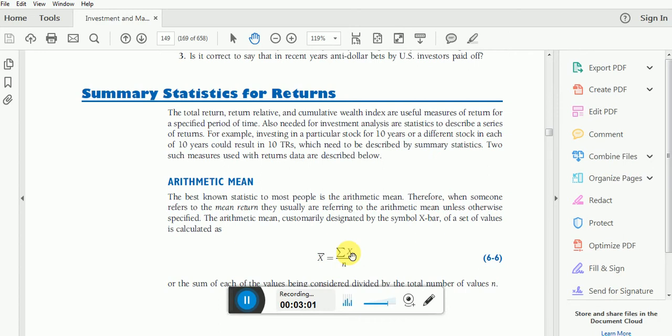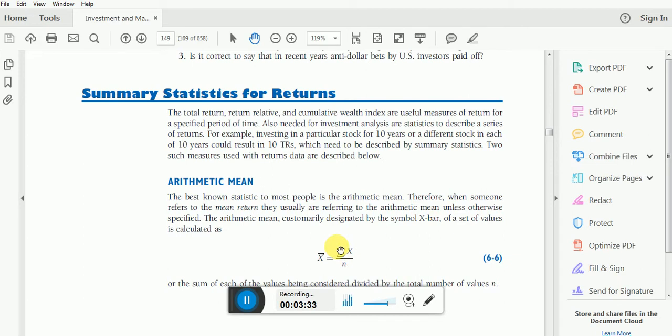Dear students, arithmetic mean is simply an average, designated by this symbol x bar. Here x bar is the average, and summation x is the observations or the values. We add them all, and then we divide by the number of observations. So simply, this is the arithmetic mean.